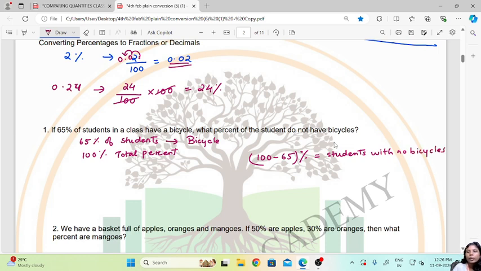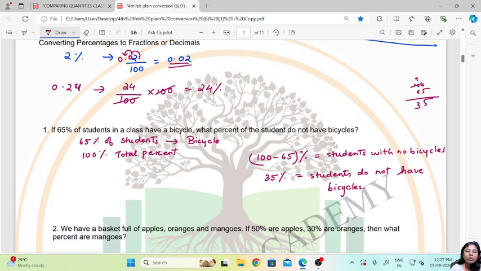So 100 minus 65 is 35. So this will be 35% of students do not have bicycles.